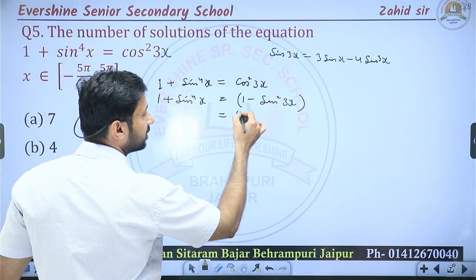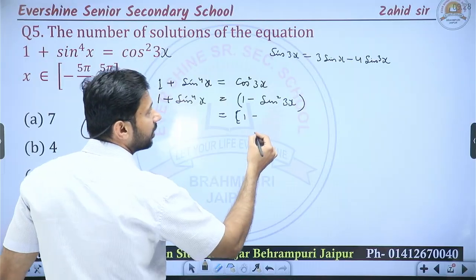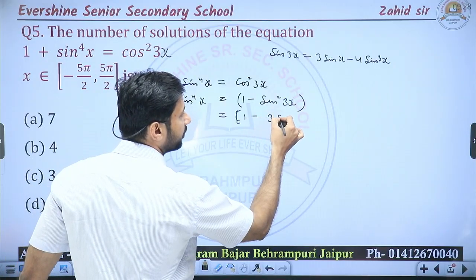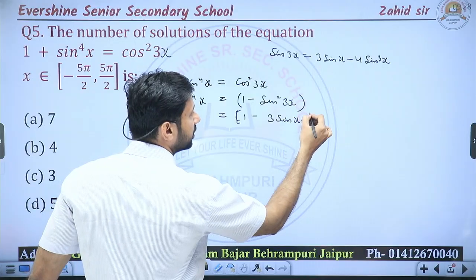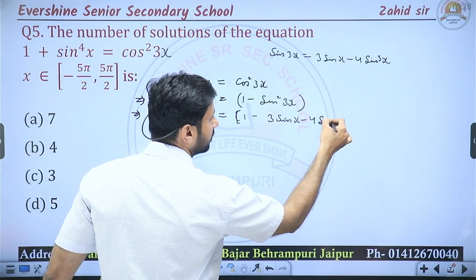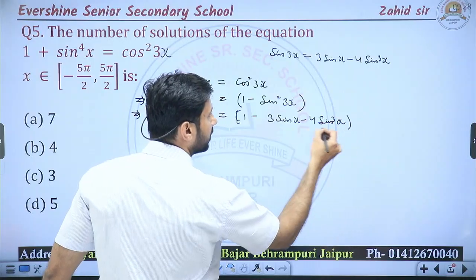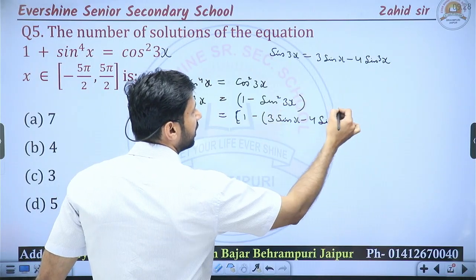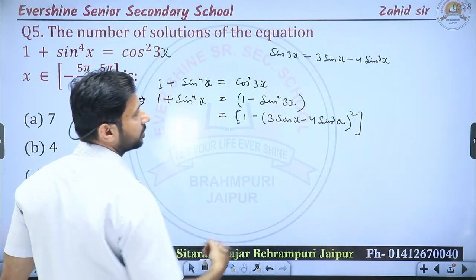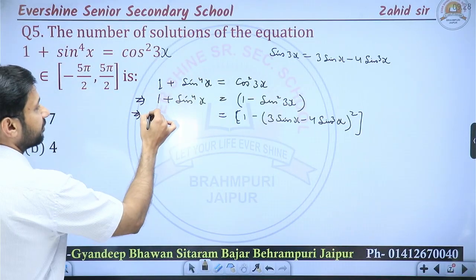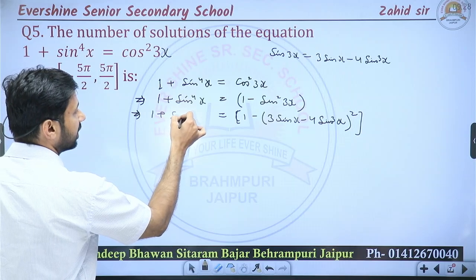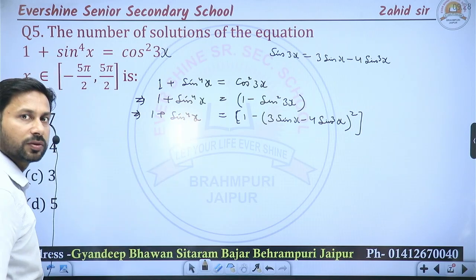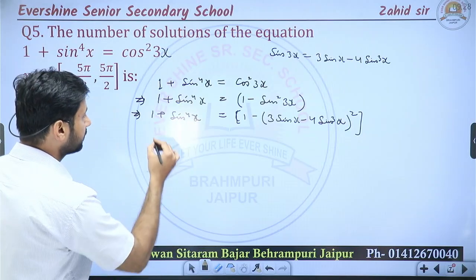So 1 will be as it is. Now I can write this as (3 sin x minus 4 sin cube x) whole square, and this term will be as it is, 1 plus sin 4x.